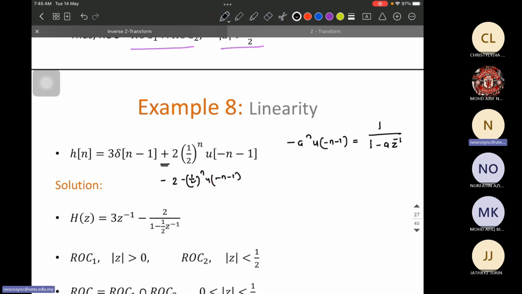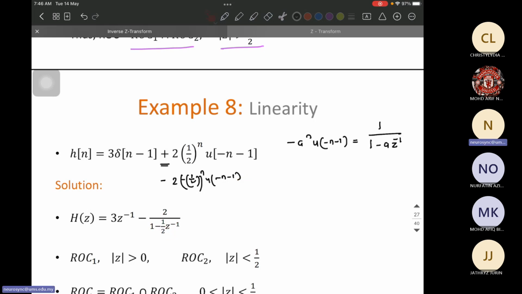Therefore, this minus sign is here and the factor 2 is here. Okay, and the z transform of minus of 1 by 2 to the power n u of minus n minus 1 is 1 by 1 minus 1 by 2 z inverse.